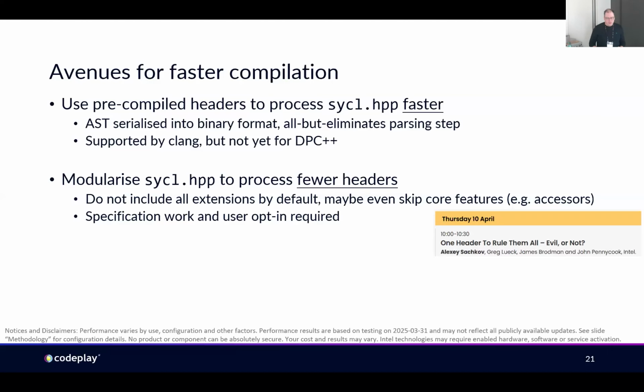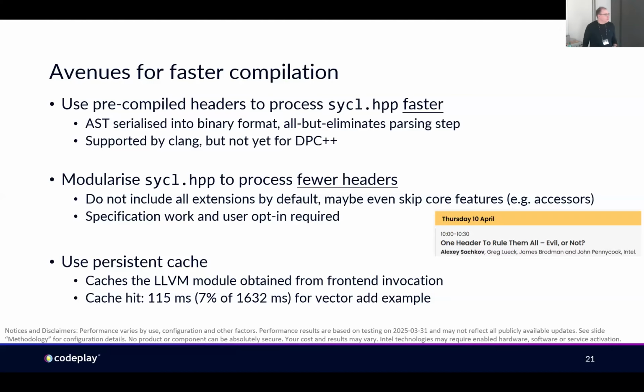But for this, as we learned, specification work would be required, and also user opt-in or user action at least would be required to not just use the overall SYCL header, but something closer, something more narrow. But that would help immensely for this kind of runtime compilation.